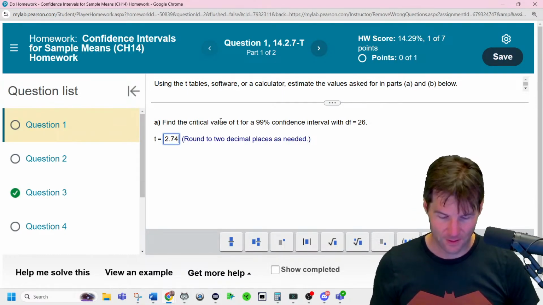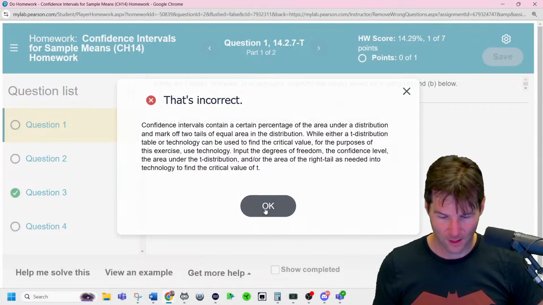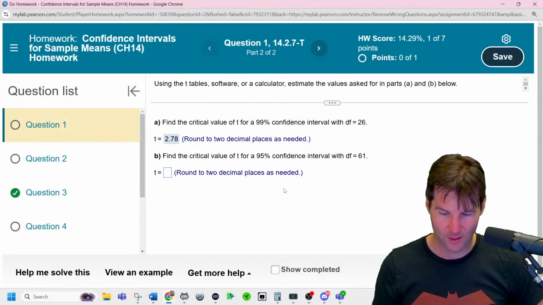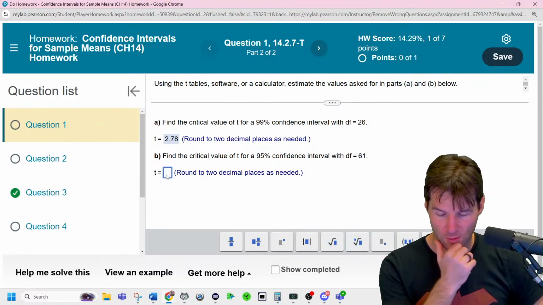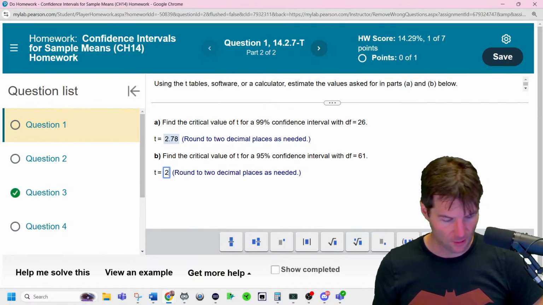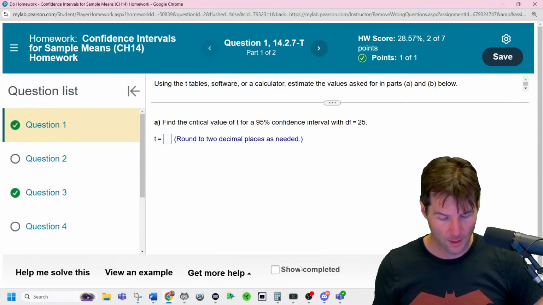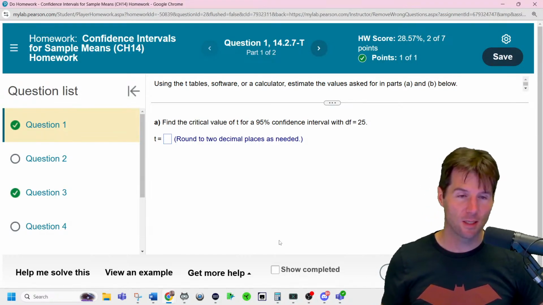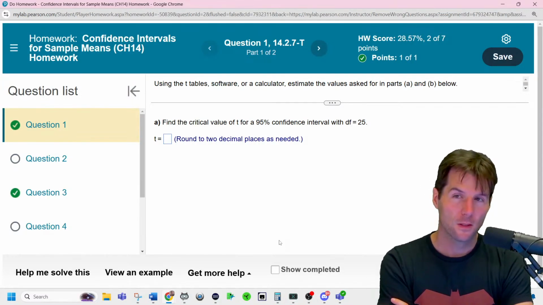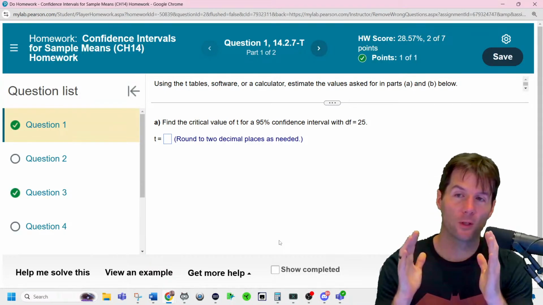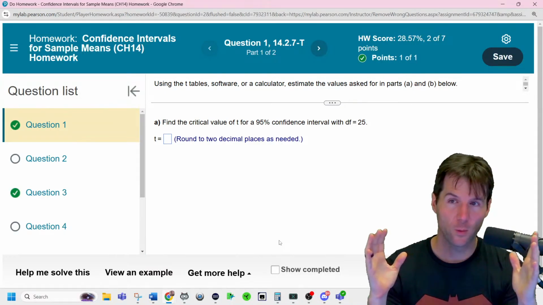2.74. Sure. 2.78. Nice work. 61 degrees of freedom. Oh, I know what that is. That's 2. There we go. So it goes to the concepts I talked about. The z-score for this is 1.96. But with lower degrees of freedom, the T is going to be wider out.